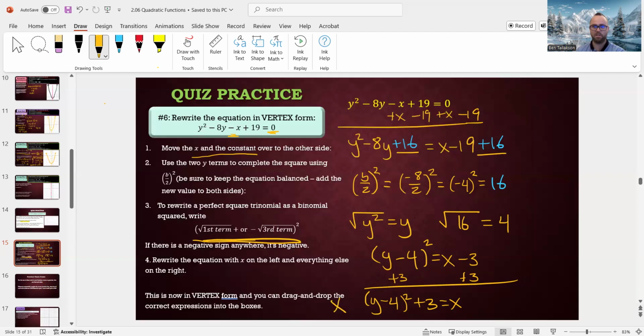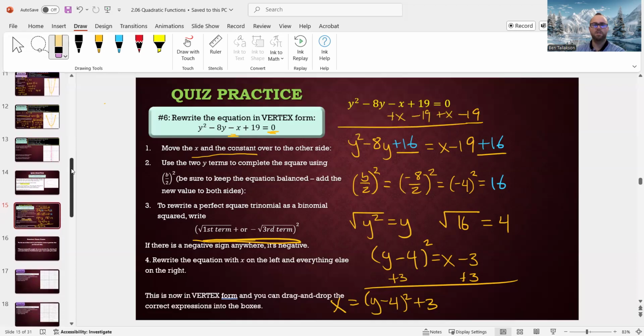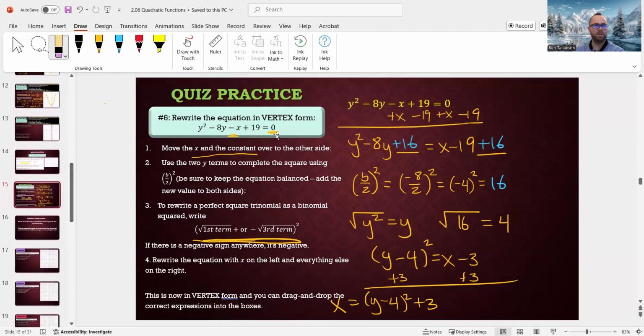And you can move that x to the other side if that makes you more comfortable, if you want to see it like that. And that should definitely help you anytime you're converting from standard form to vertex form. Could look like this, could look more normal, where you see your x's as the main variable.